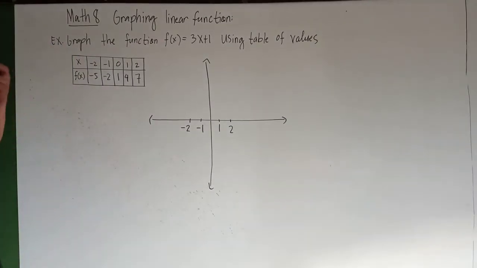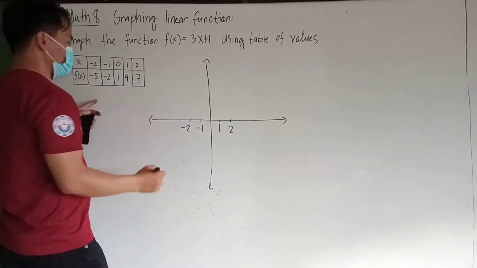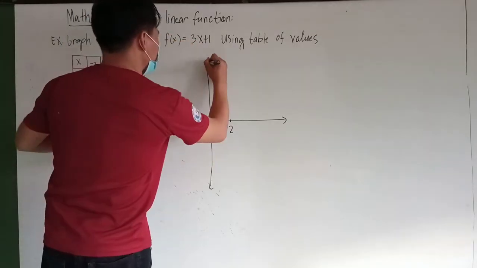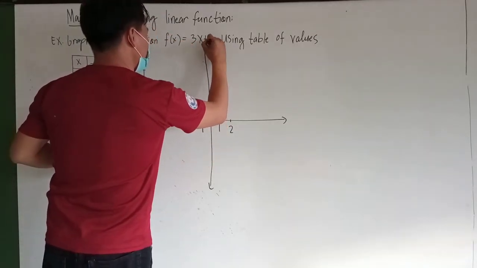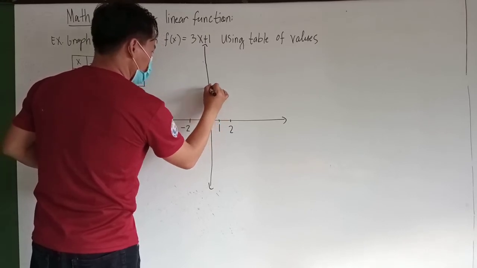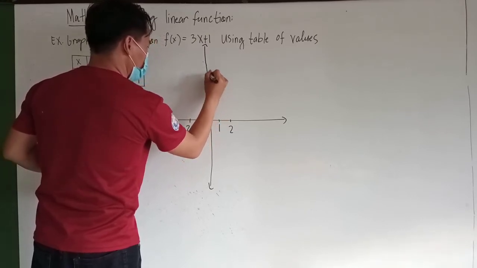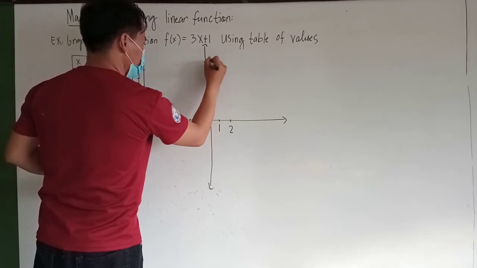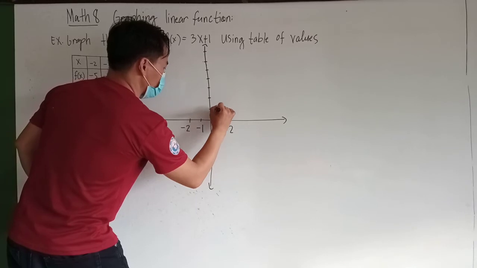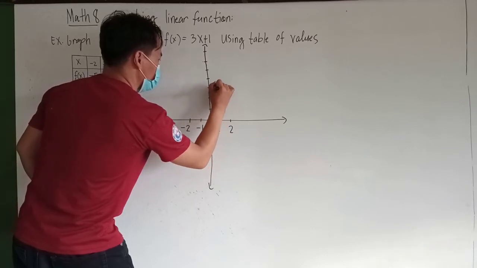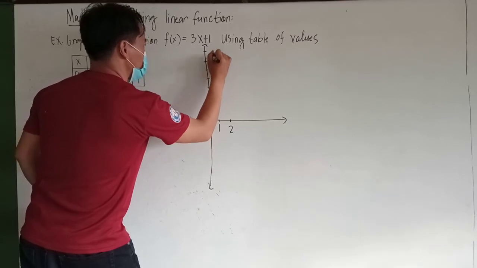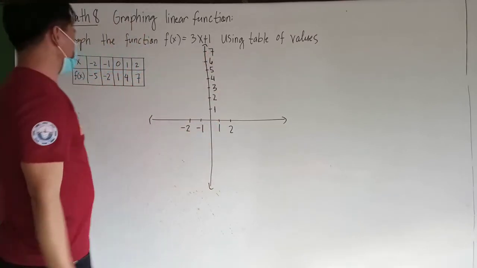Along the y-axis, the highest is 7, going upward. So 1, 2, 3, 4, 5, 6, then we have 7.